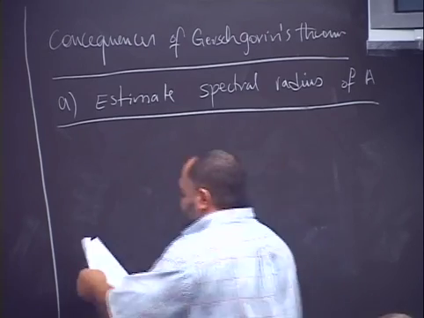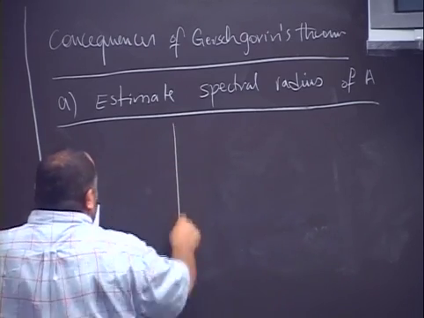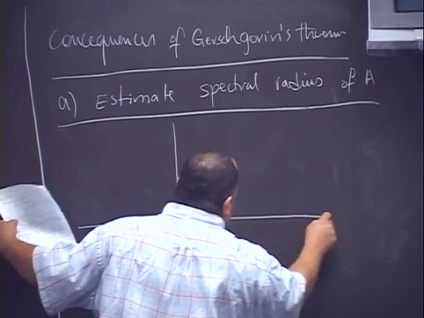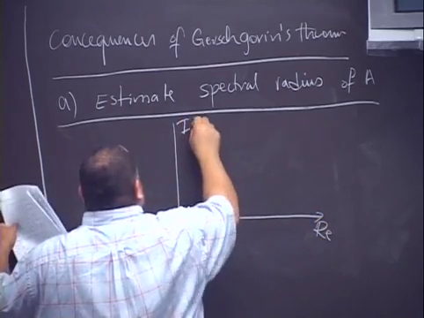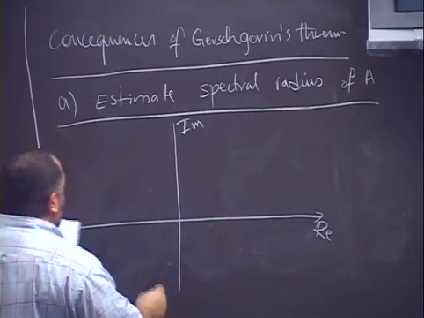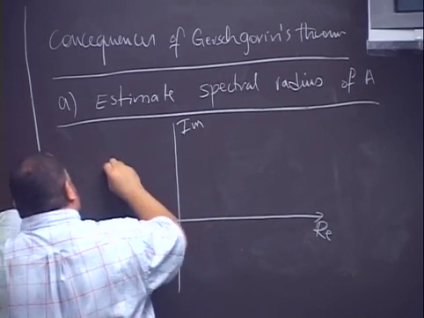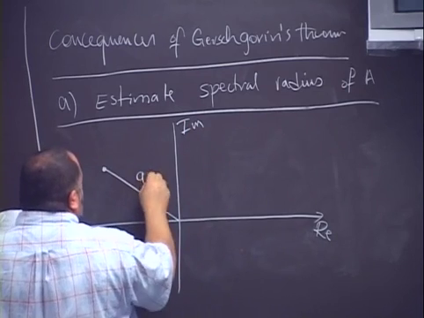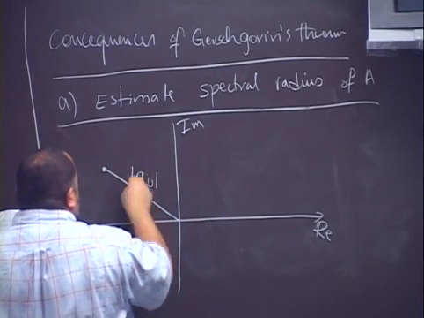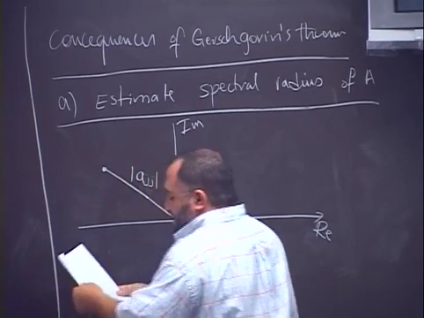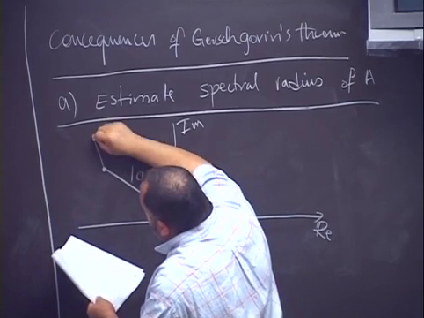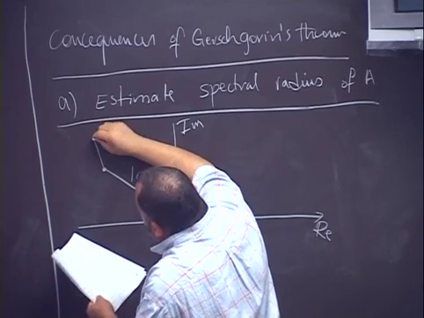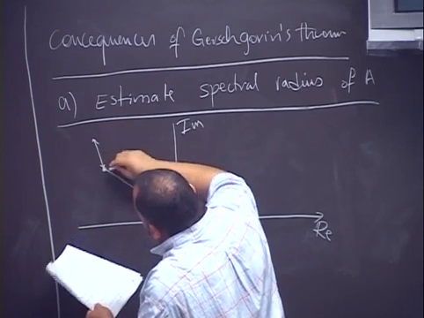So let's assume that I have the complex plane again here. This is the real and this is the imaginary. And I have ajj here. So this is ajj. And then around this ajj, the summation of the off-diagonal elements will give me a circle like this.